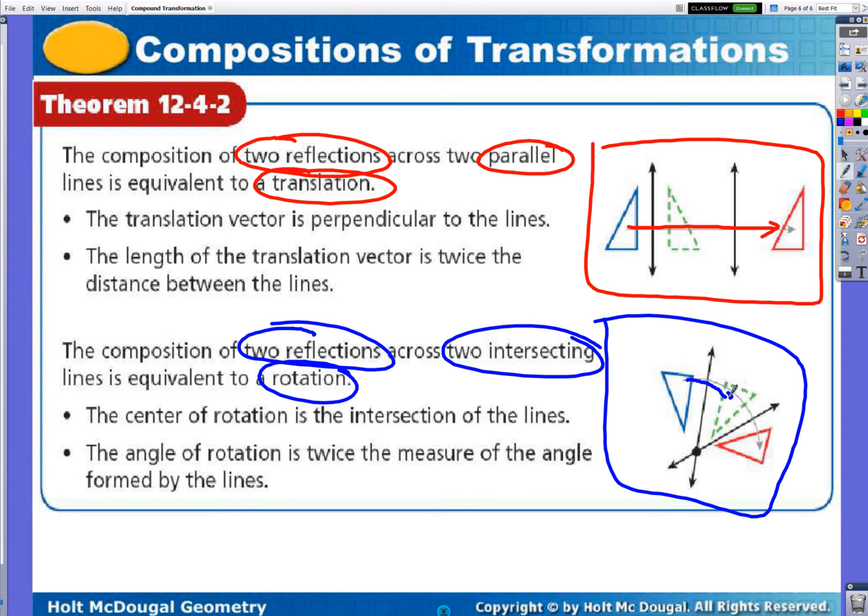They flipped it once over an axis, and then they flipped it again over another axis that happened to cross the first axis. In the end, if they wouldn't have drawn the axis there, and I asked you what type of transformation occurred, you would have just said, oh, that looks like a rotation.